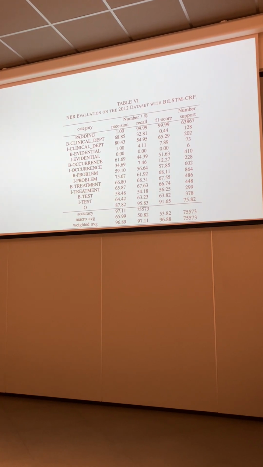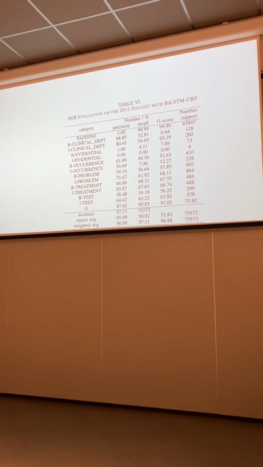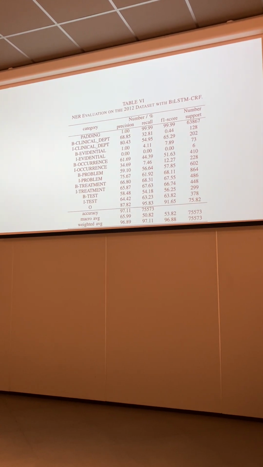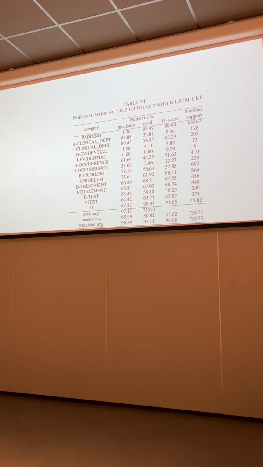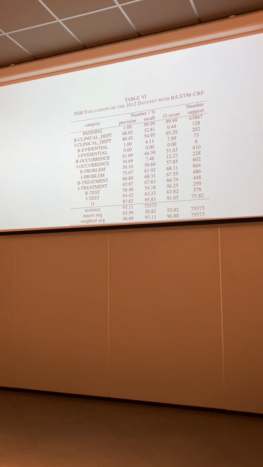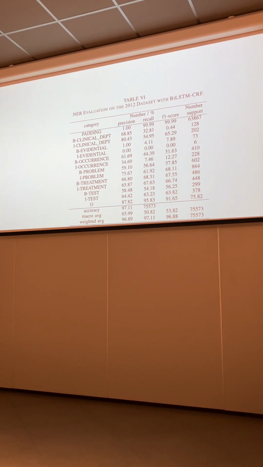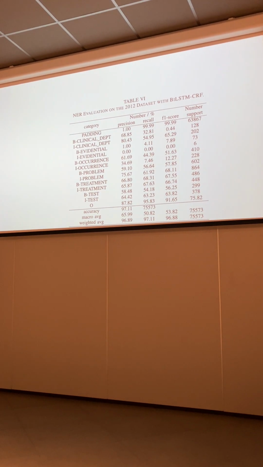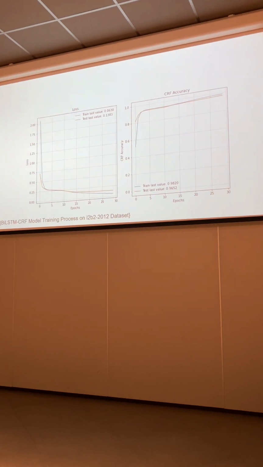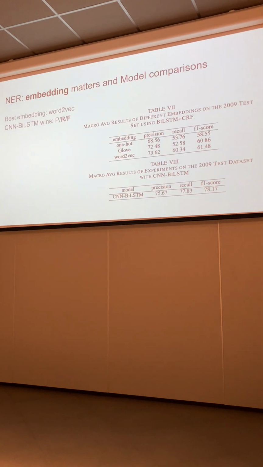But if the category is a very lowly represented token, the model struggles to learn it. That's also why I connect with what Matthias mentioned in the challenge: data augmentation is important. We need more samples for the model to learn the specific tokens. It's a learning curve for this 2012 data.